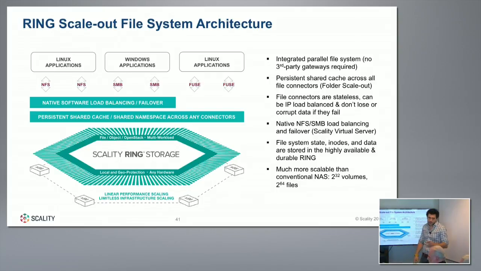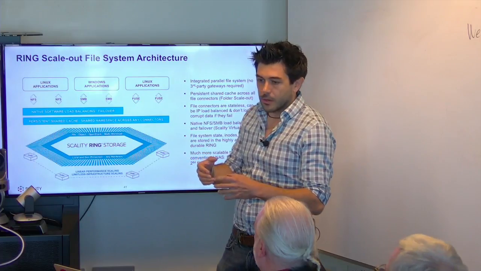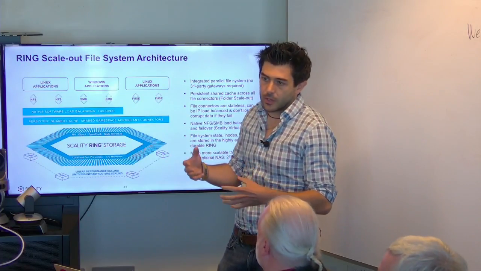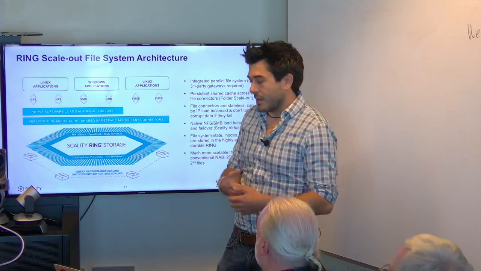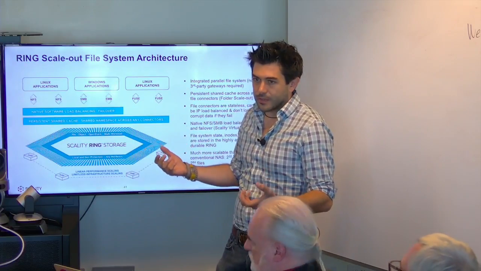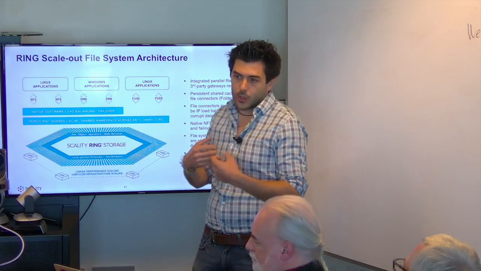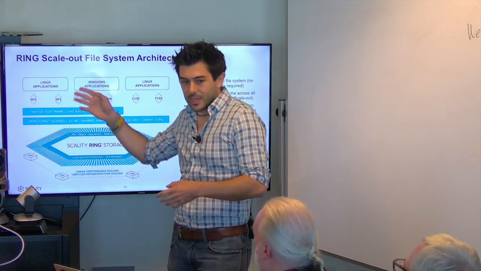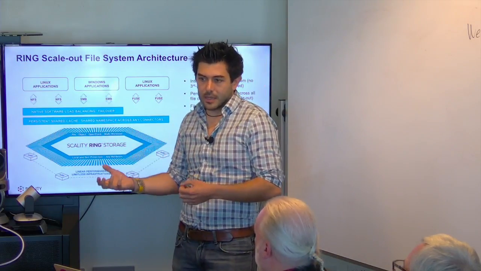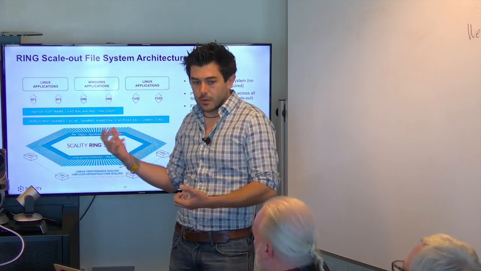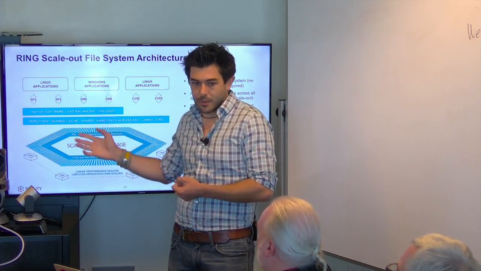This is very, very... Sorry, go ahead. No, keep going. I was going to say that model is very popular with media companies that are doing streaming, because they have a workload that generates content with transcoding that is typically a file system, and they push that into the ring, and then they have CDNs that come and get data from their origin server, and these guys are typically HTTP based.